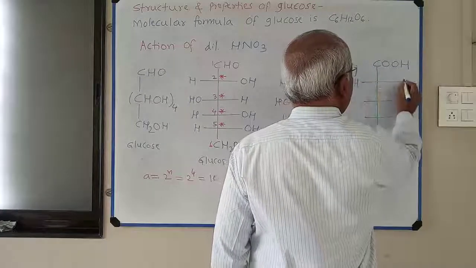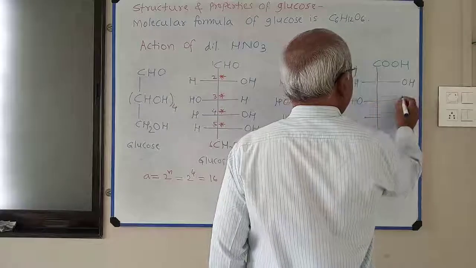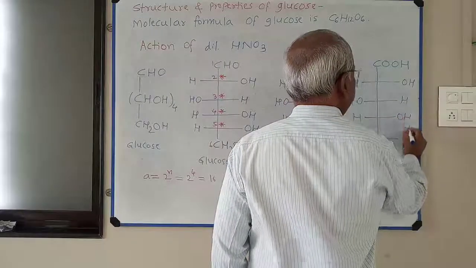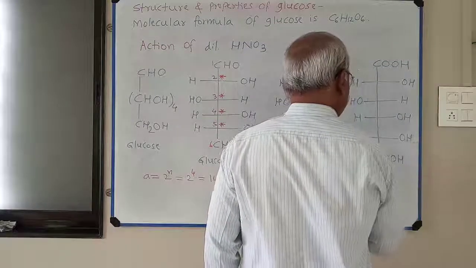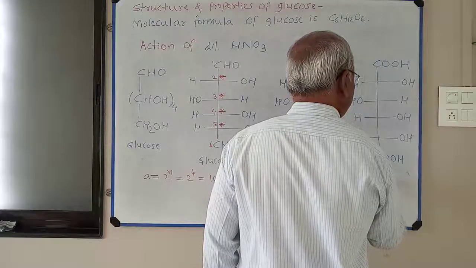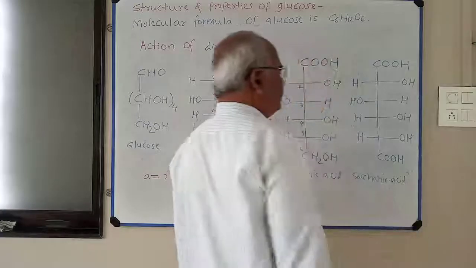H, OH, OH, H, H, OH, hydrogen and OH. This is the structure of saccharic acid.